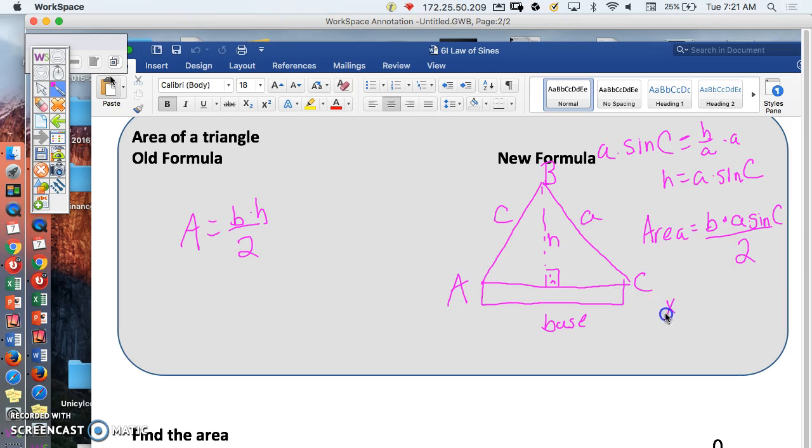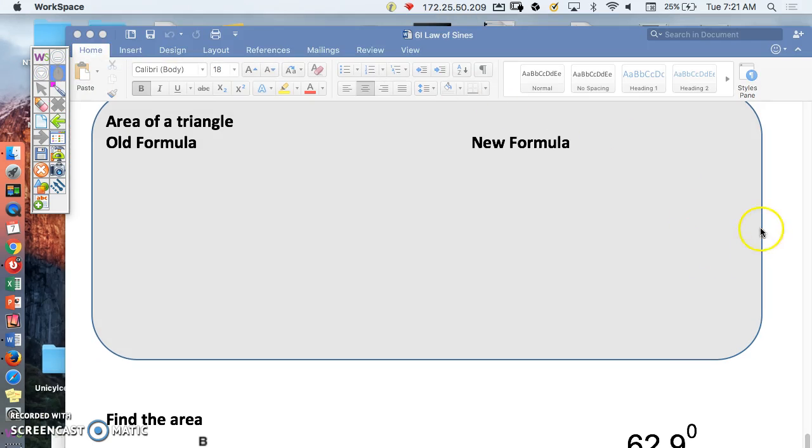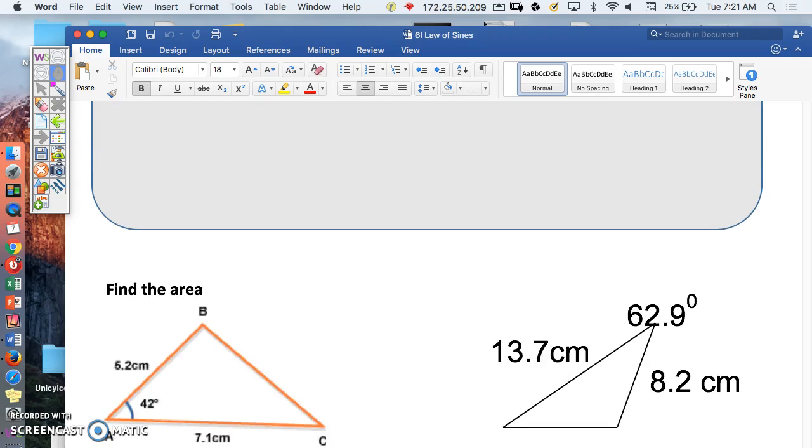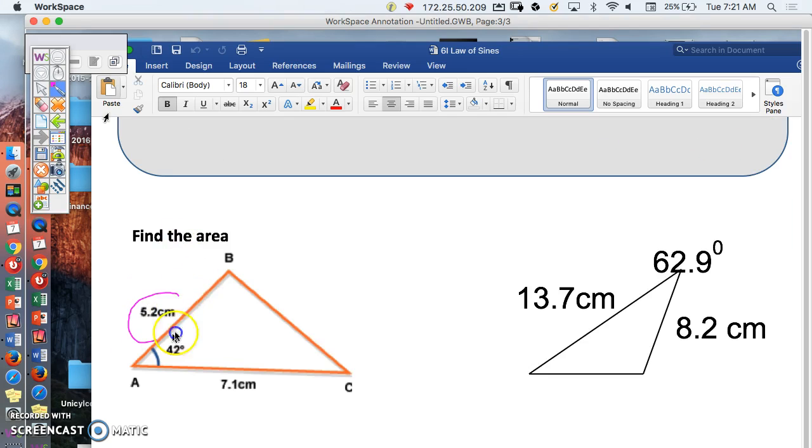And you'll notice we have side B, side A, and angle C. So it's two sides and the included angle. As long as you know any two sides and the included angle, we can figure this out. So we have two sides here and the included angle.